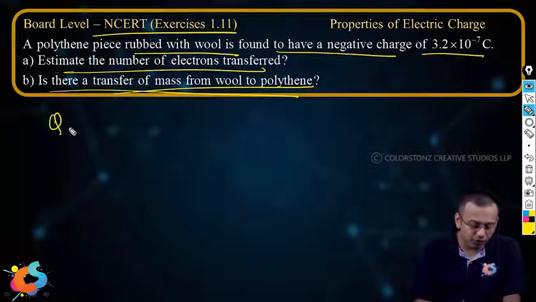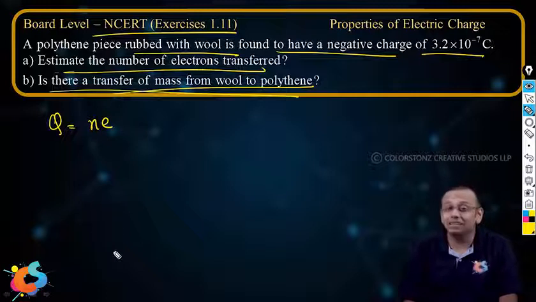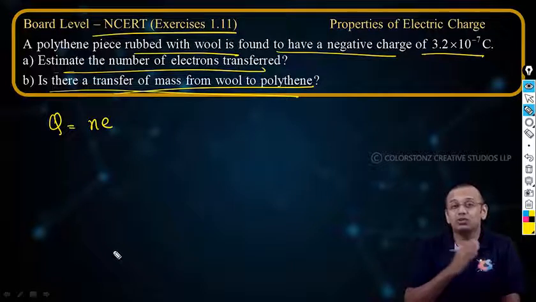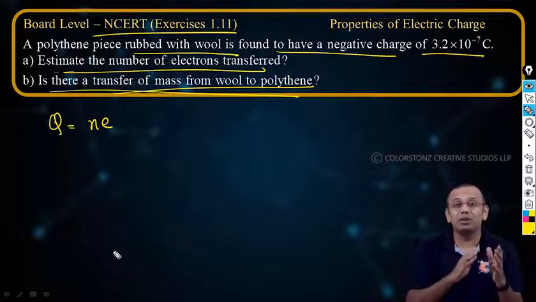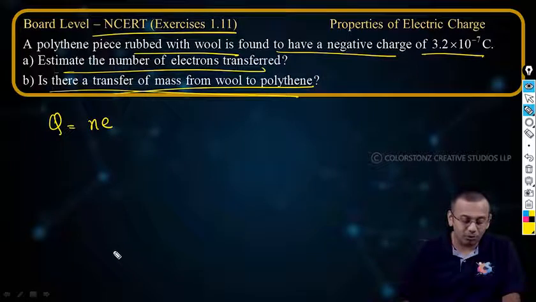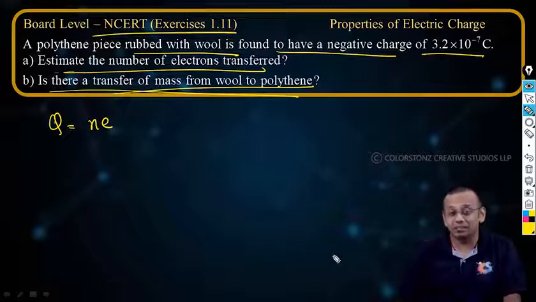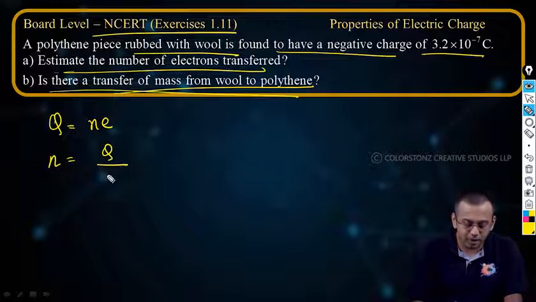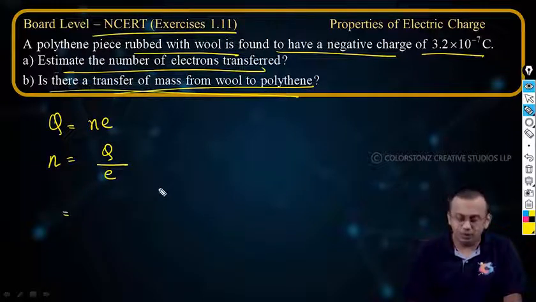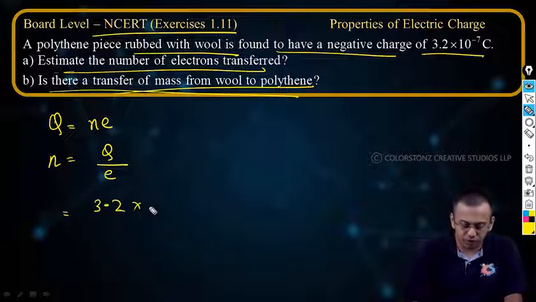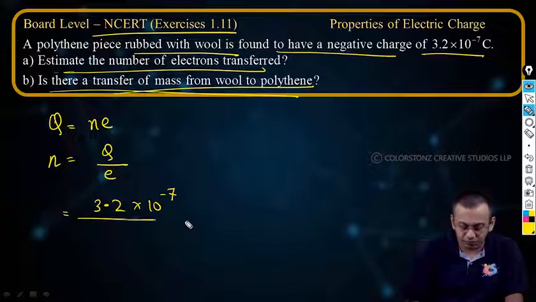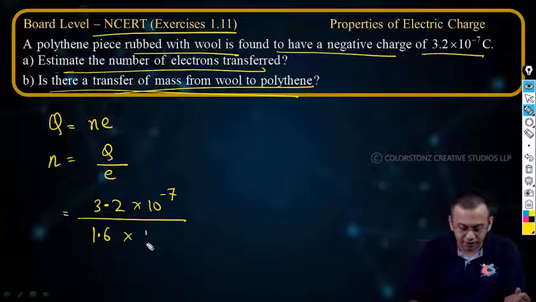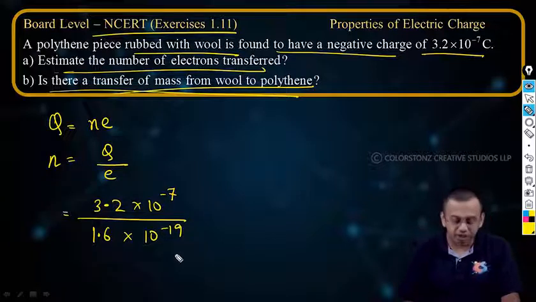We know that Q is equal to NE, where N has to be an integer. So here, the charge that has been transferred is because of the movement of some number of electrons, and that number of electrons is what we have to find. So that N can be written as Q by E, and we can put the values. Q is 3.2 into 10 to the power minus 7, whereas the value of E approximately can be taken as 1.6 into 10 to the power minus 19.